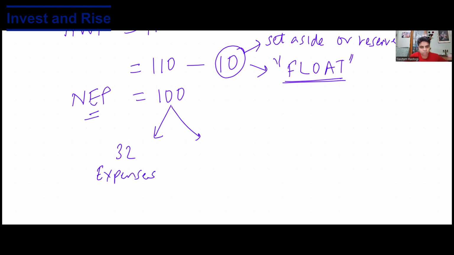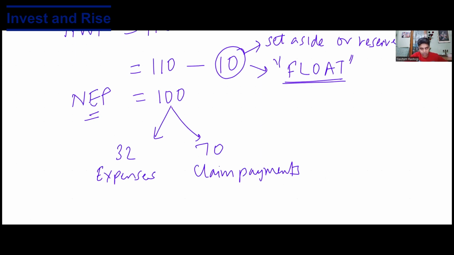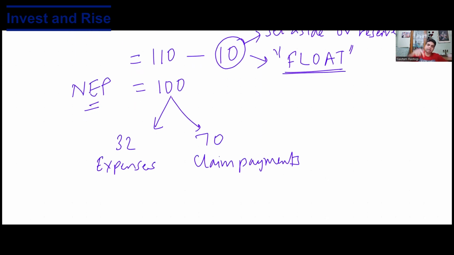So from this rupees 100, they pay 32 in expenses and 70 rupees in claim payments for that year. Usi saal ke claim payments. This rupees 10 is set aside for future claim payments that may come in the future, but this rupees 70 is paid for any payments coming in that year itself.